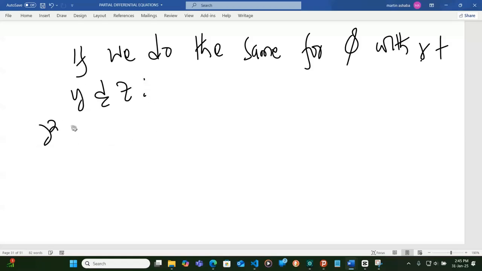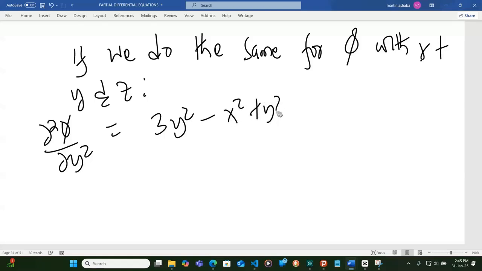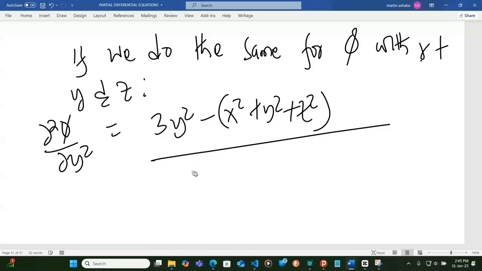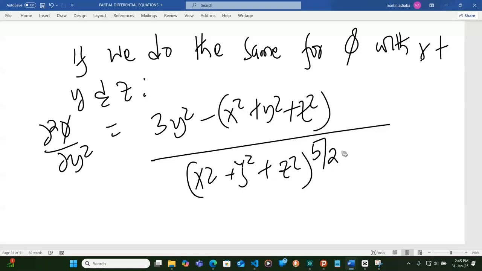So del 2 phi by del y squared will therefore equal 3y squared minus (x squared plus y squared plus z squared), and we are dividing everything by (x squared plus y squared plus z squared) to the power 5 over 2.